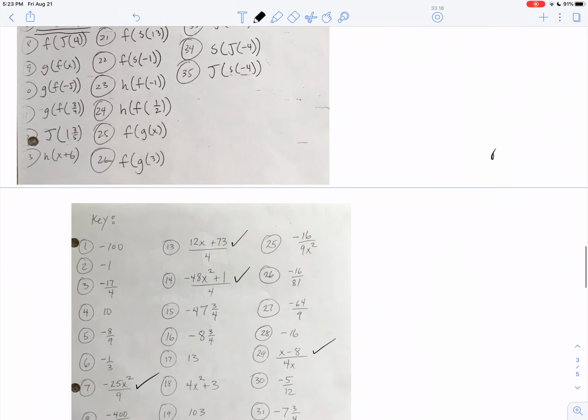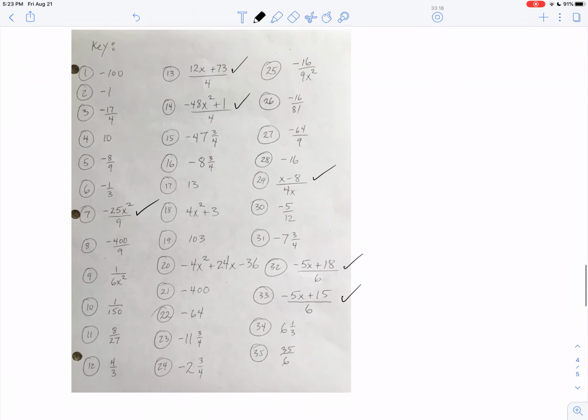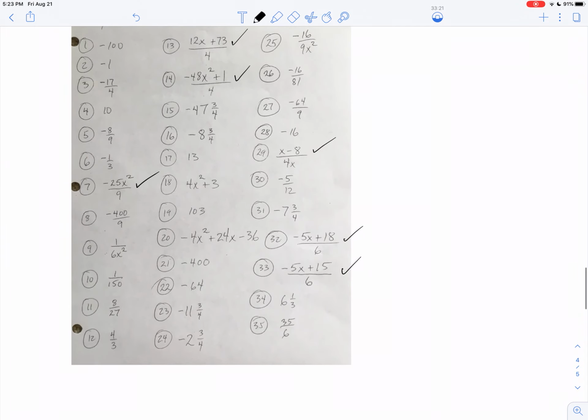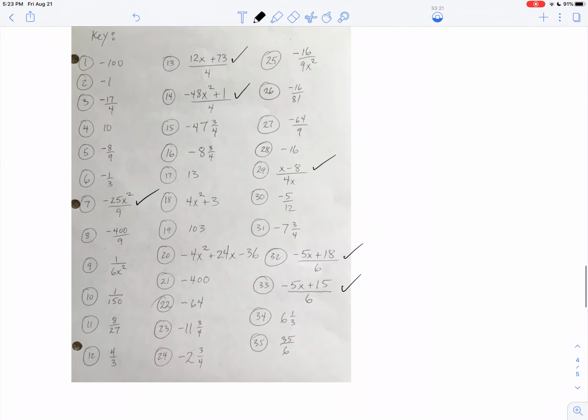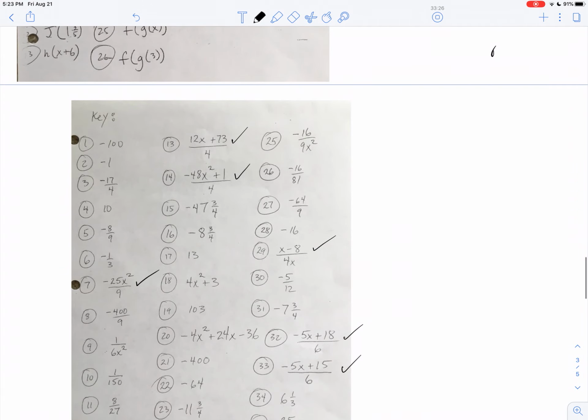Now, heck, I want to make sure that my hunch is right. So I'm going to look at number 32 here. The answer for 32 is, what is that? Negative 5x, plus 18, the whole thing over 6.